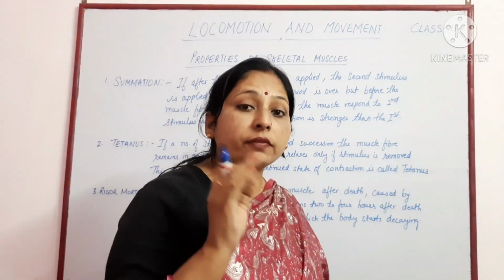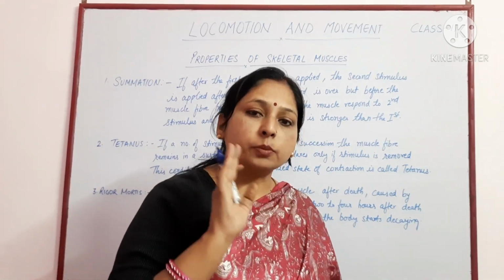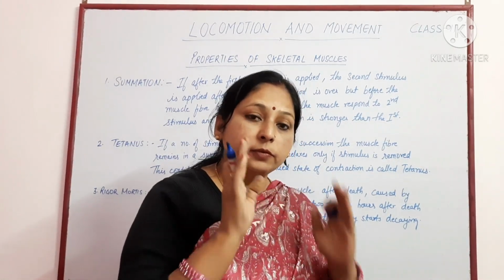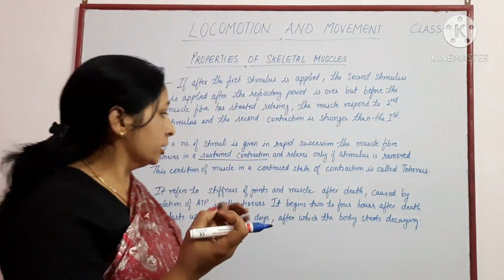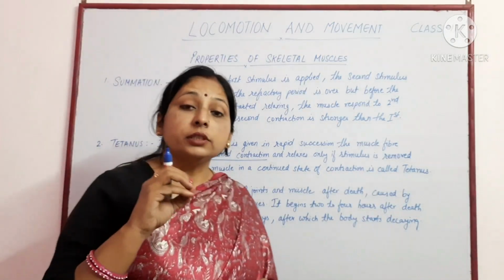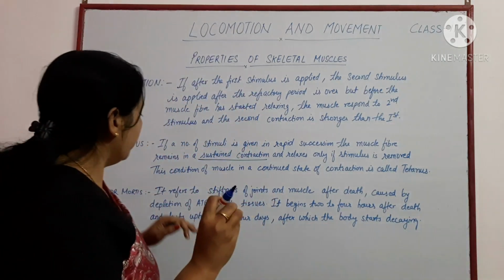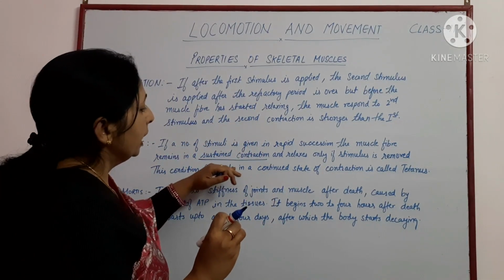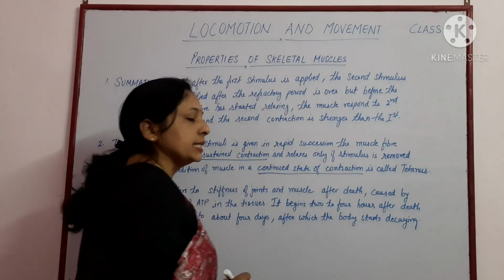So when multiple or continuous stimuli are provided without a relaxing time, the contraction is a sustained contraction and it would relax only if the stimulus is removed. This condition of muscle in a continued state of contraction is termed tetanus.